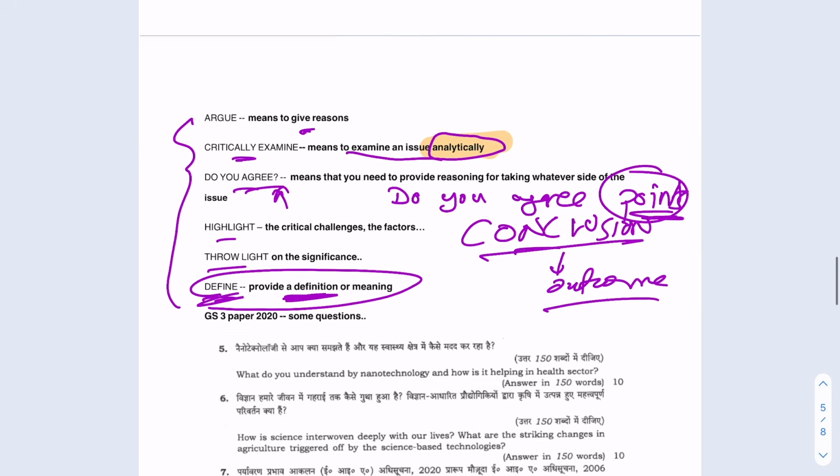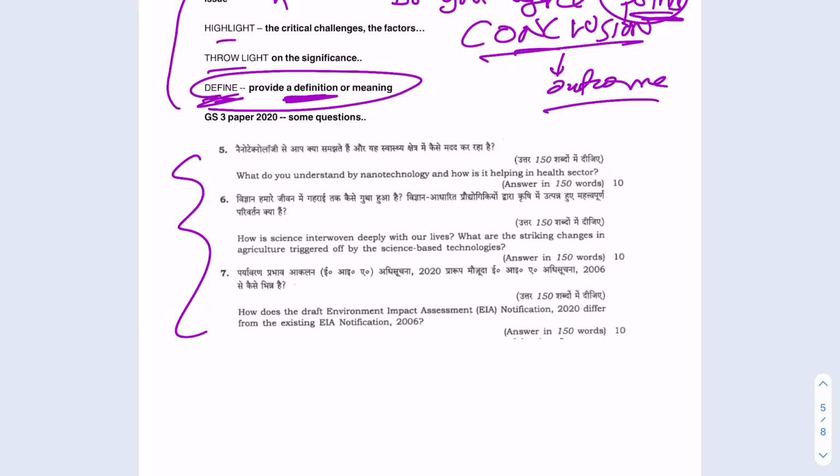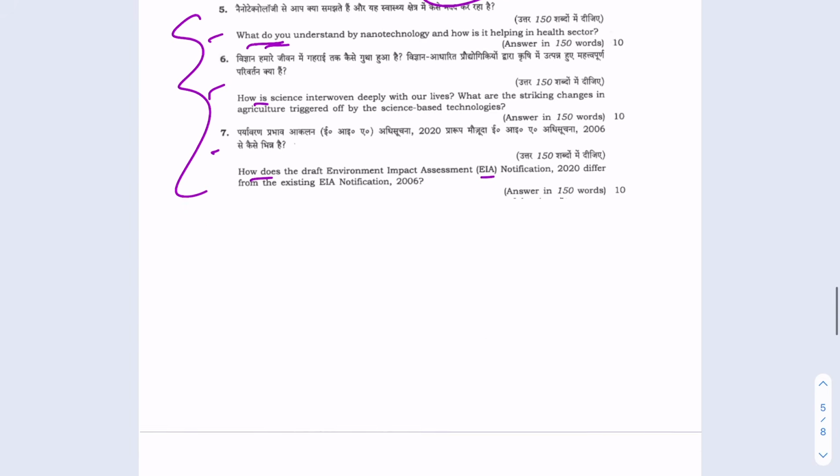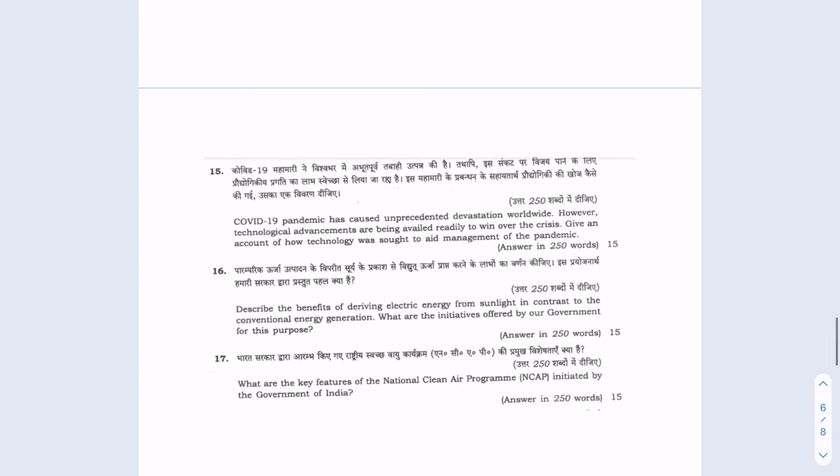Okay, so like this, in GS3 for example, in 2020, a lot of these questions were asked, and none of these questions have any kind of indicative keywords. They simply are asking how does this happen, what do you understand by nanotech. So there is nothing very special. Okay, they are very clear. Similarly here, given account means you have to just provide points on how technology was used to manage COVID-19.